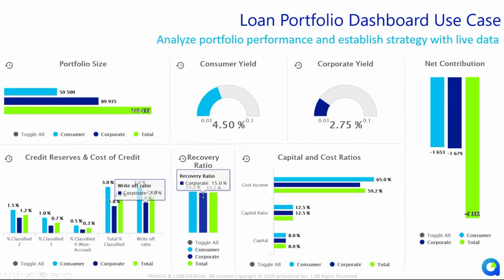And then we have here the recovery ratio, as well as the capital and cost ratios. So cost-income ratio, capital ratio, and capital cost. And all of this results in the net contribution of this portfolio. And as you can see, this portfolio is in trouble. It's about $3.3 billion underwater when taking into account all of the attributable costs to this portfolio.